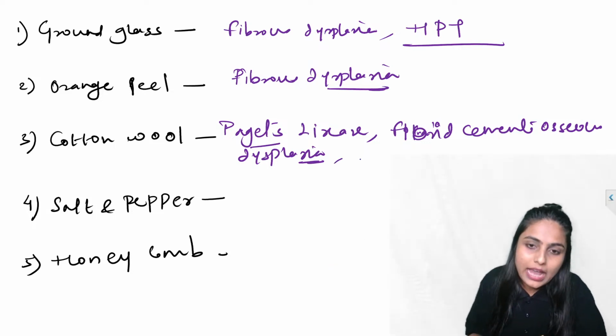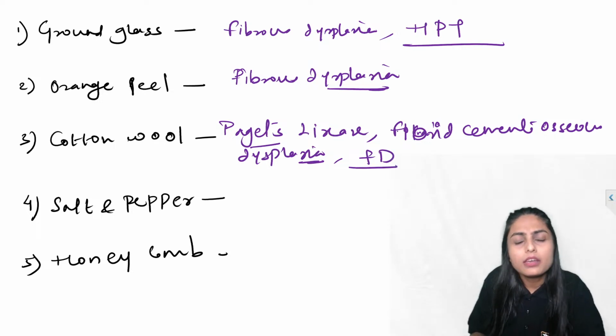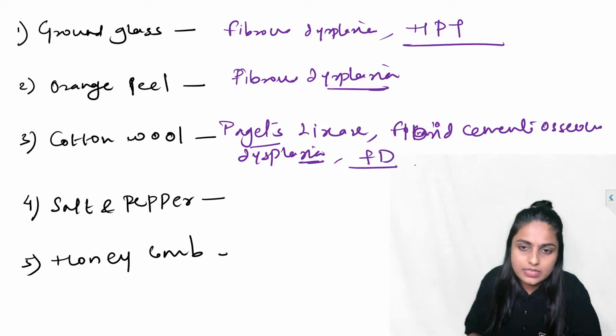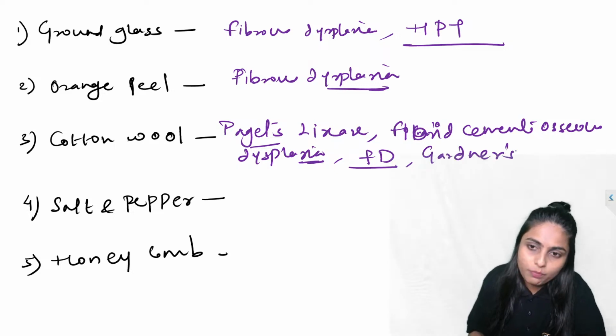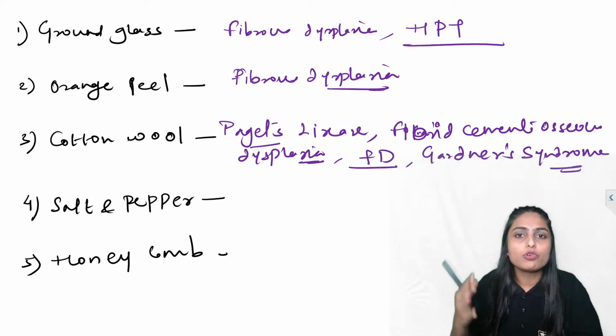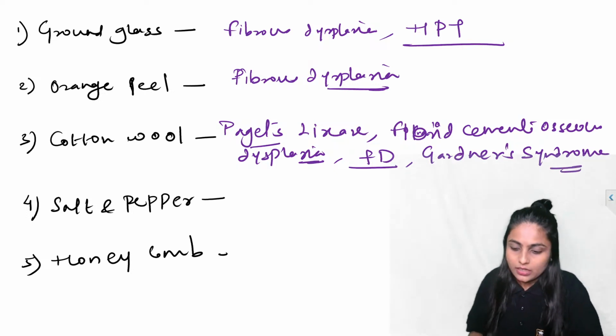Next, in fibrous dysplasia also sometimes cotton wool appearance is seen. You can write down. And next is Gardner's syndrome, where you can also see this cotton wool appearance, right?